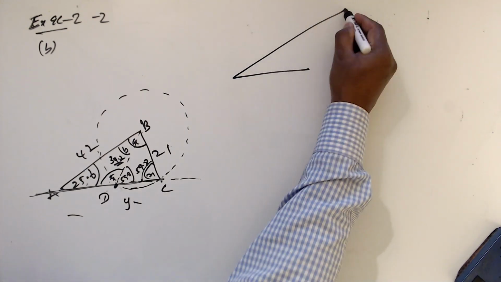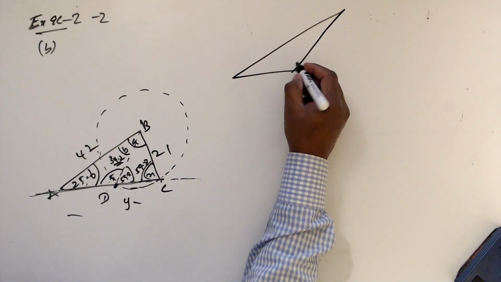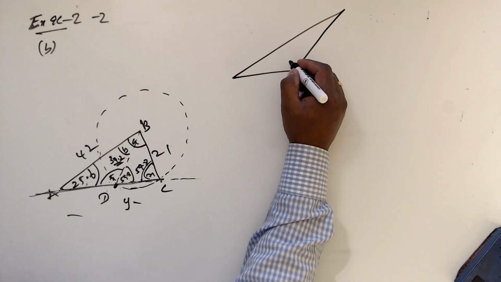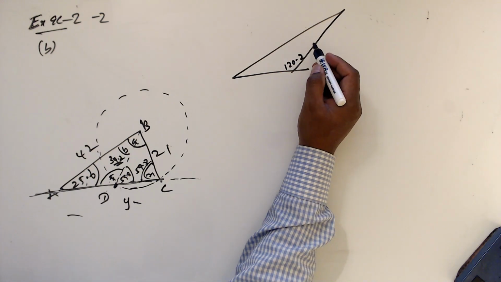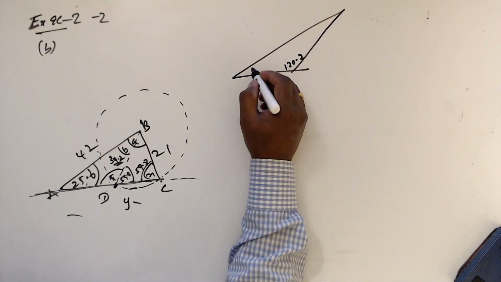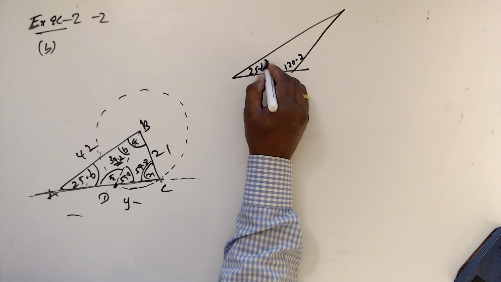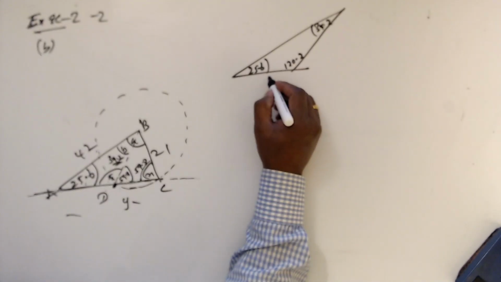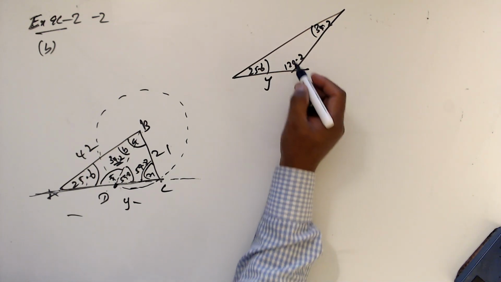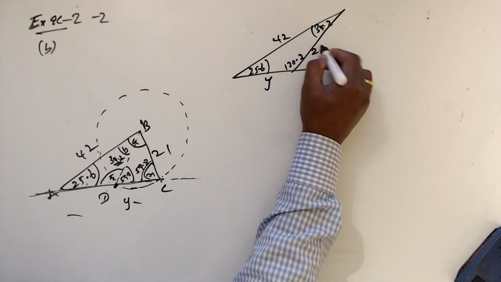Now I have two triangles. One is this one, which has 120.2, 20.6 and 34.2, and this is going to be Y now, and this is 42 and 21.